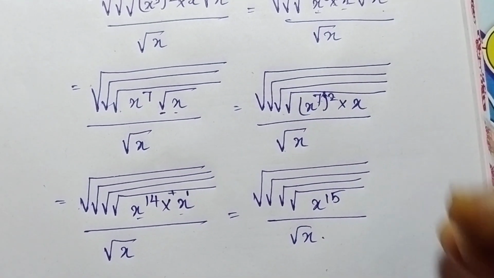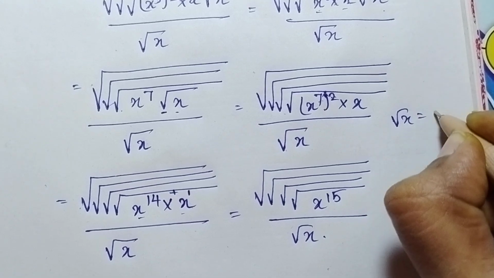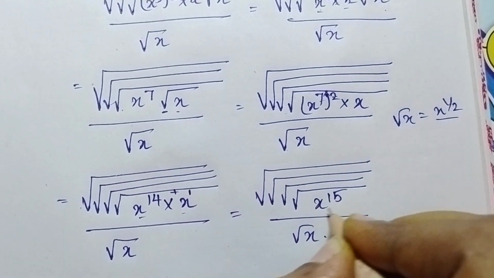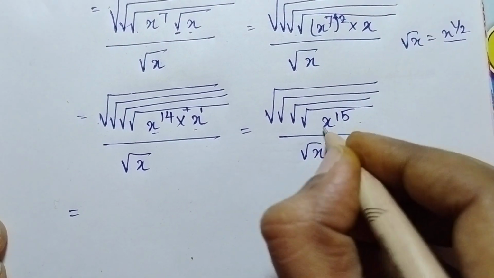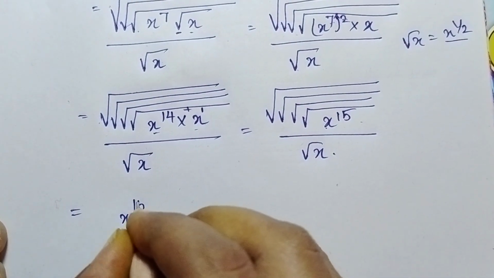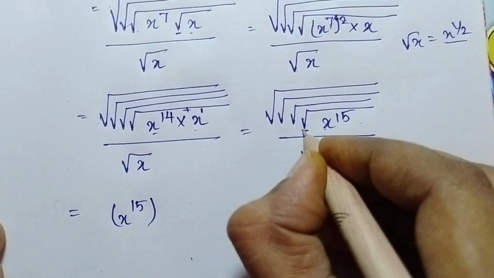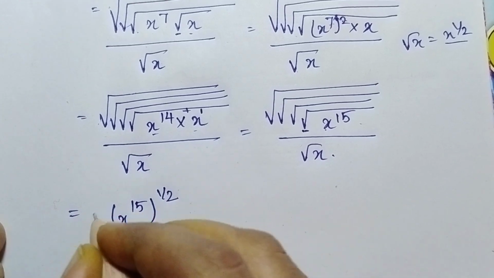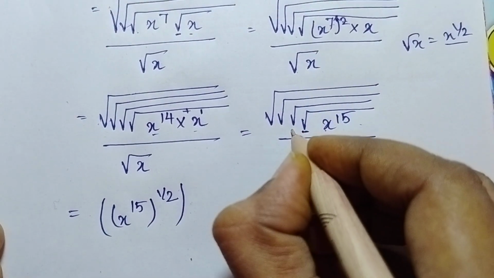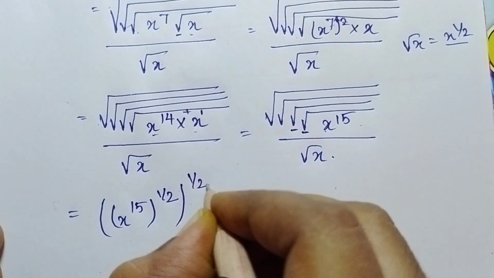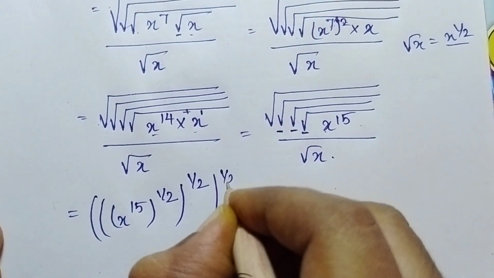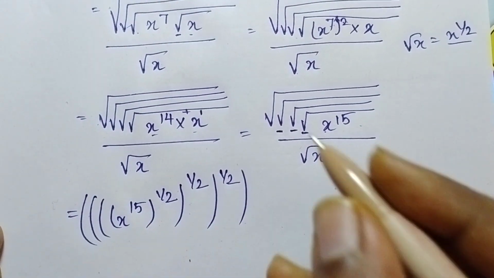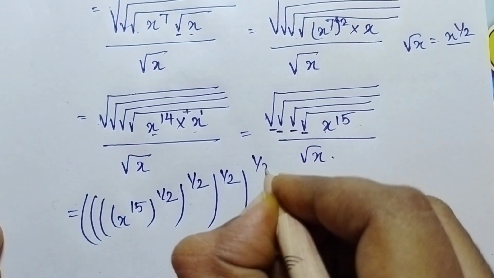We know that root x can also be written as x power 1 by 2. Just apply that here. So this can be written as x power 15, for this root 1 by 2, for another root 1 by 2, for another root 1 by 2, for another root 1 by 2.